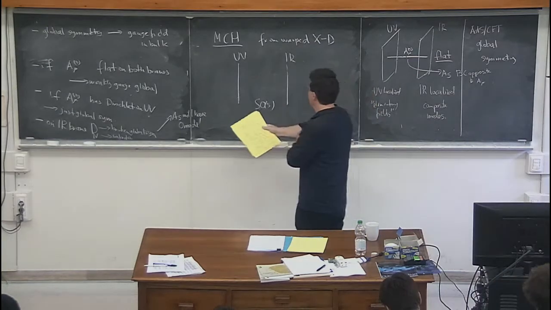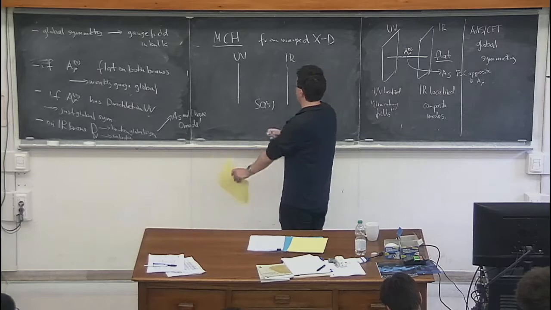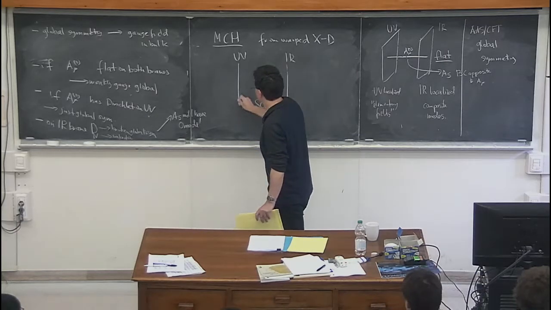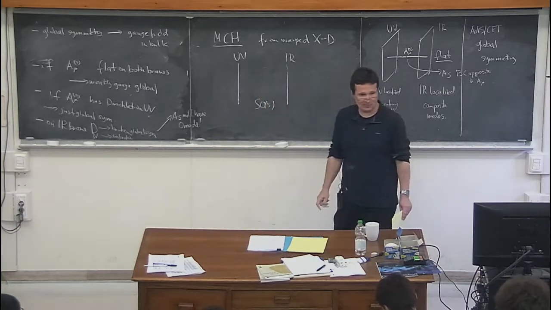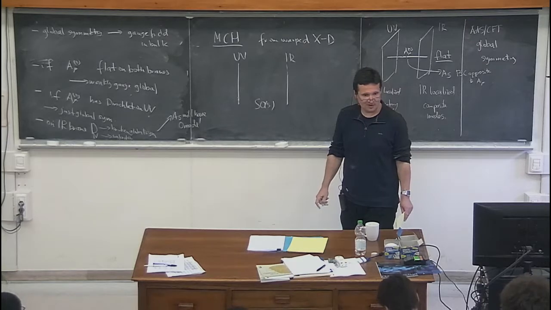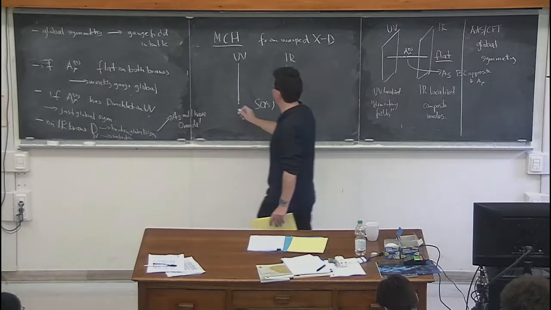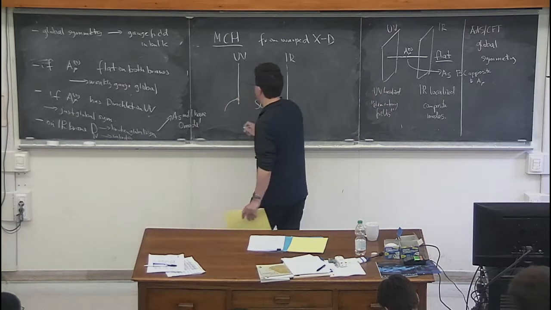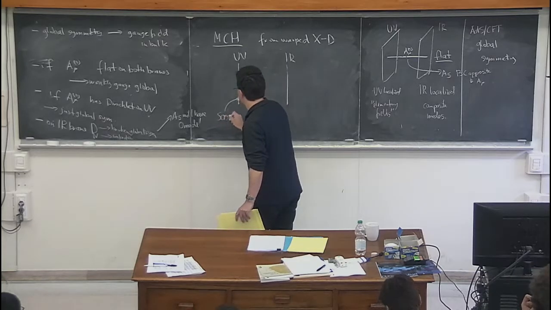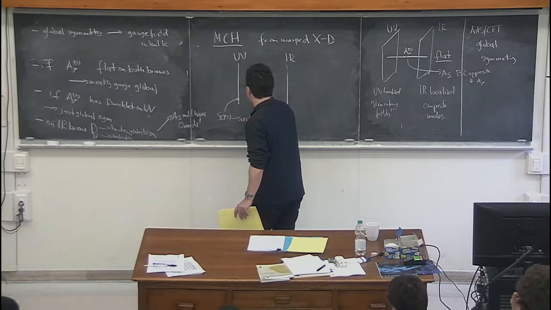Now I'm supposed to make sure that it's only the SU2 subgroup that is gauged. So on the UV brane, I'm going to break SO5 to SU2 cross U1.